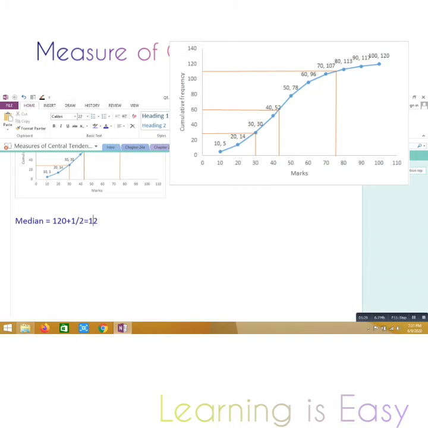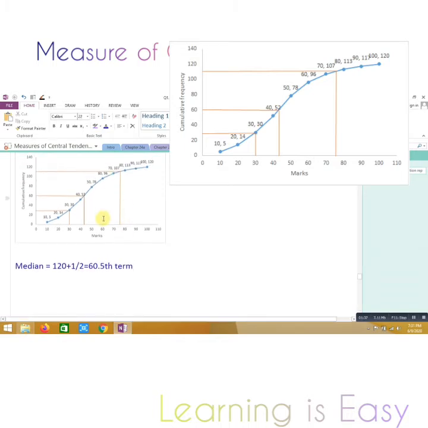So drawing a line at y-axis 60.5 and making a perpendicular line where it meets at x, that gives the median point at the x-axis. So with the graph sheet, if you draw, you get to know the accurate value. That's 43 is the median point at the x-axis.